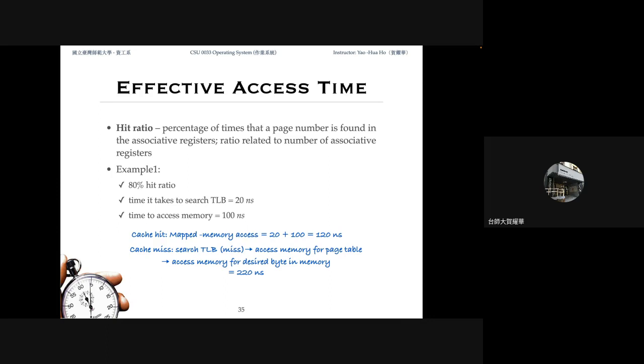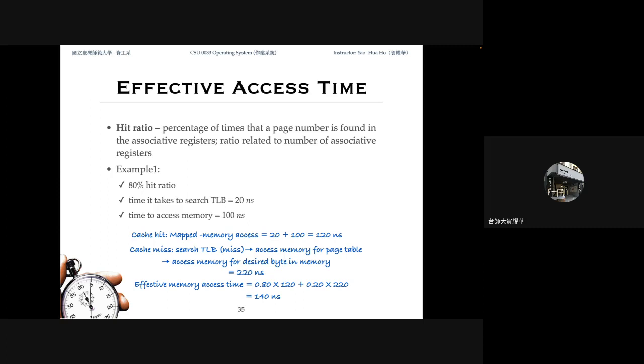So the effective memory access time with an 80% cache hit ratio is 0.8 times 120 nanoseconds plus 0.2 times 220 nanoseconds. So the effective memory access time equals 140 nanoseconds.